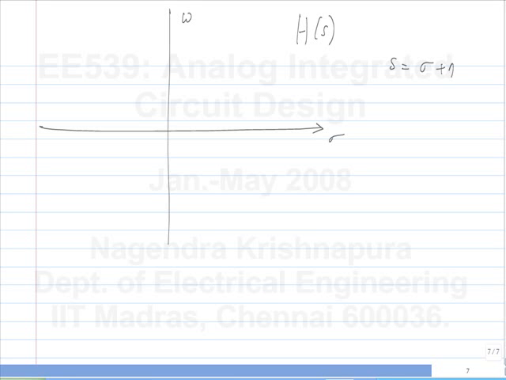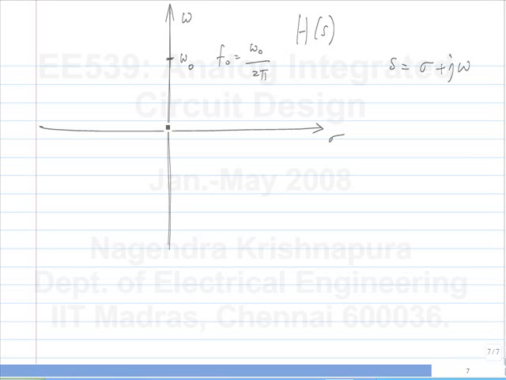S equals sigma plus j omega. So the y-axis here, the omega axis, corresponds to the frequencies of sinusoids. If I look at a particular point omega naught, that represents the sinusoid of frequency omega naught. Or if you want it in terms of hertz, it is f naught equals omega naught by 2 pi.